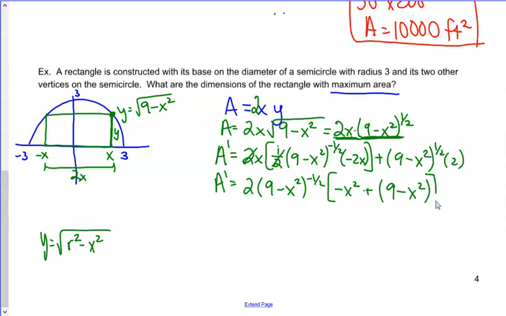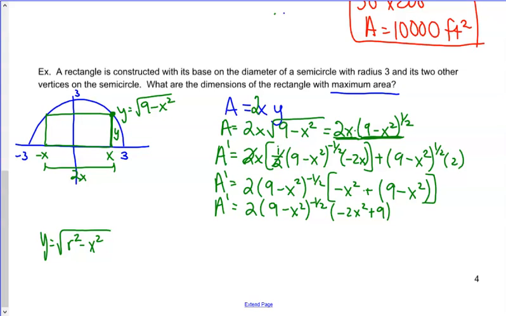So that is the power that I need right there for that piece of information. So I'm going to simplify. Let's keep going and simplify. We get 2 times the 9 minus x squared to the minus 1/2. And I'm going to simplify here and leave me a negative 2x squared plus 9.